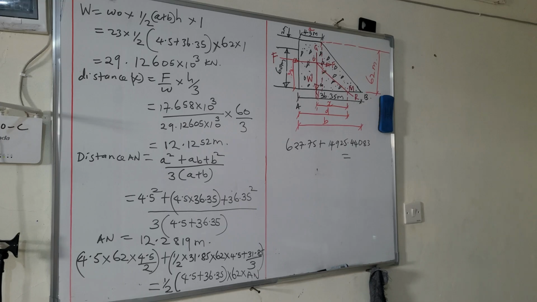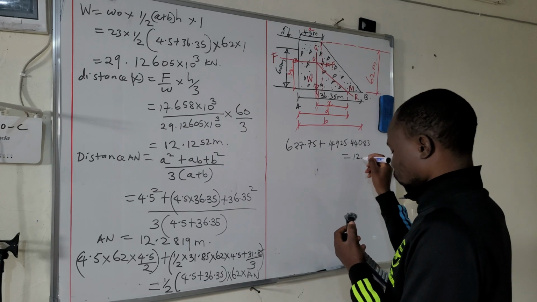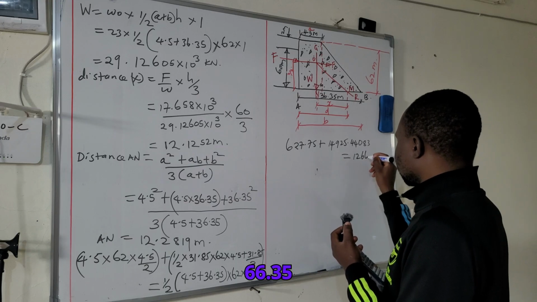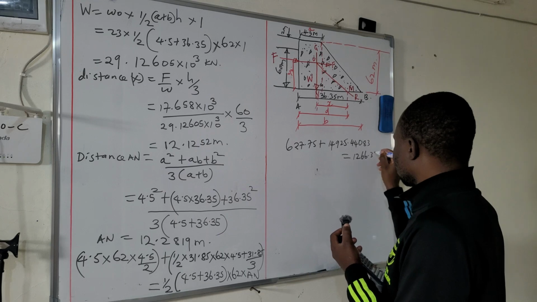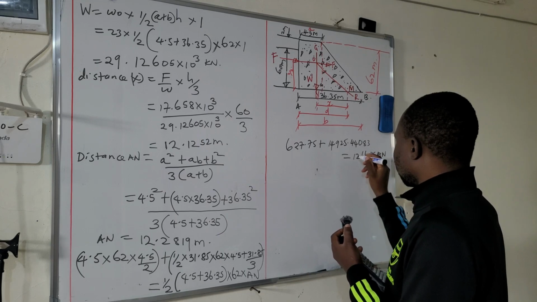4.5 plus 36.35 times 62 times 0.5. So it's equal to 1266.35 AN.